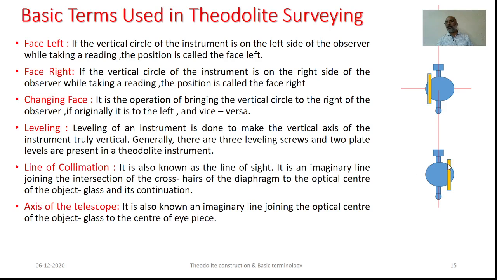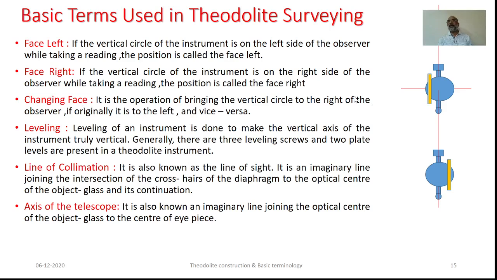This position is termed the face right position. Whereas the operation that we do in order to keep the telescope in the requisite direction and bring the vertical circle to the left side or right side is termed changing the face.